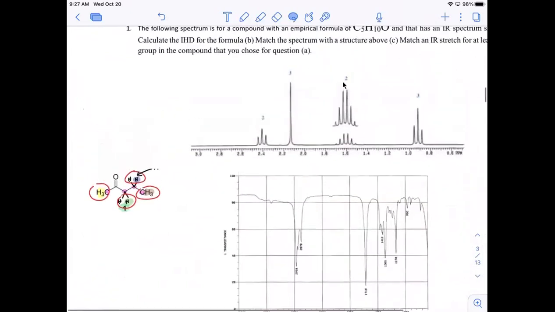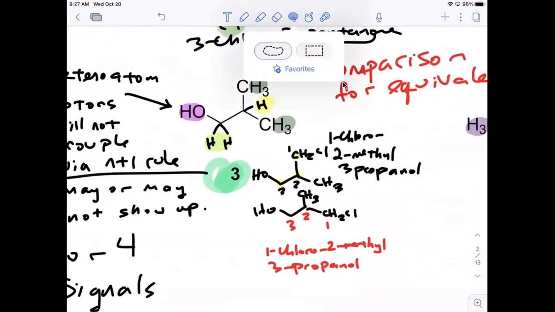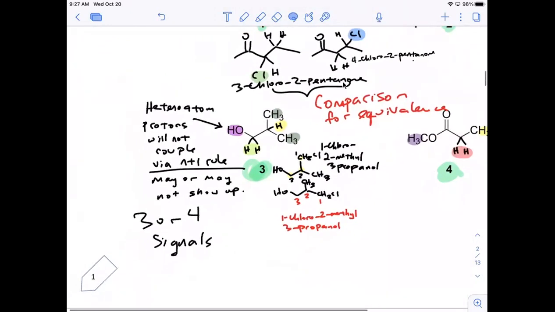So that one, and let's say for the sake of argument that the OH shows up. And so we'll get that one up. It will potentially give off 4 signals.